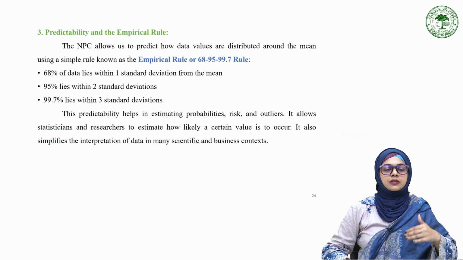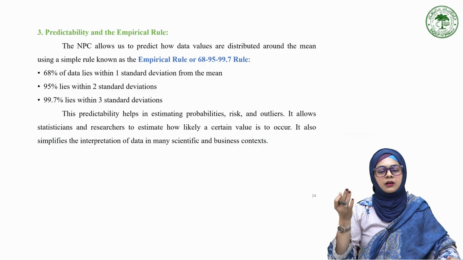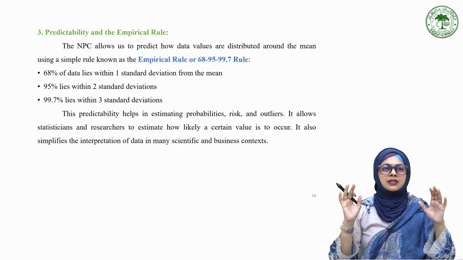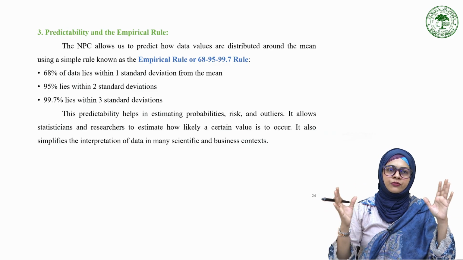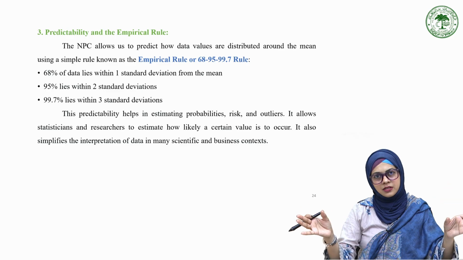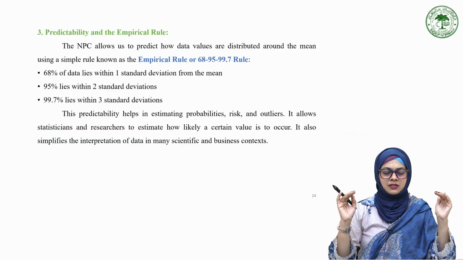The next importance is the predictability and the empirical formula. Remember the empirical formula I talked about: 68, 95, 99.7. 68% of the data lies within the first standard deviation, 95% within the second standard deviation, and 99.7% within the third standard deviation.